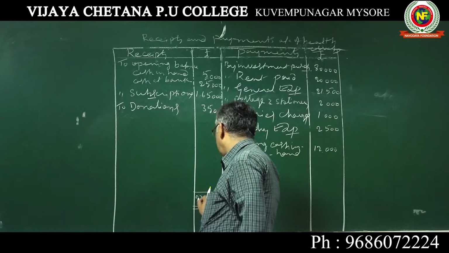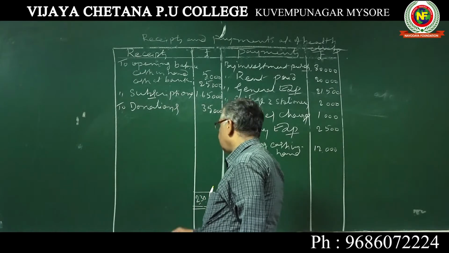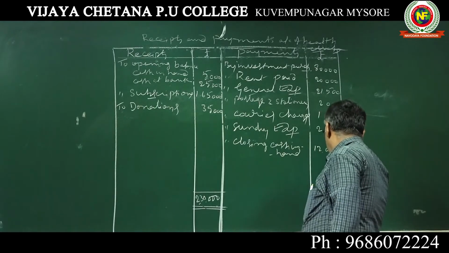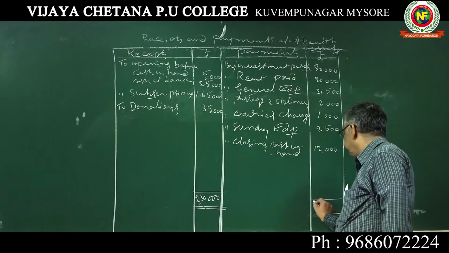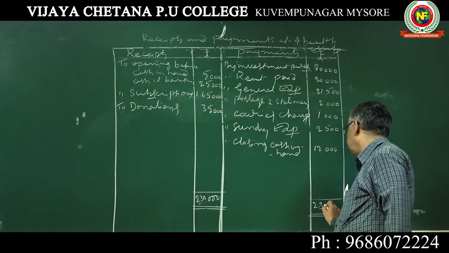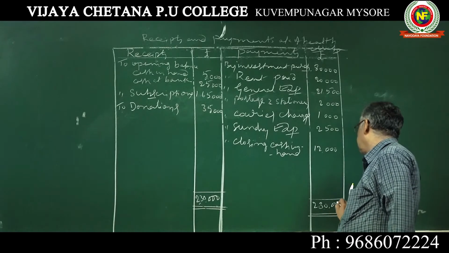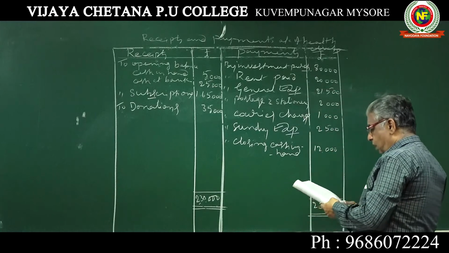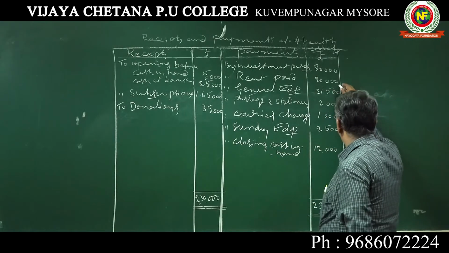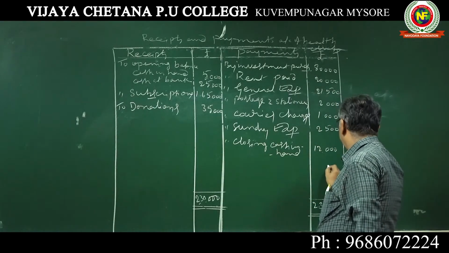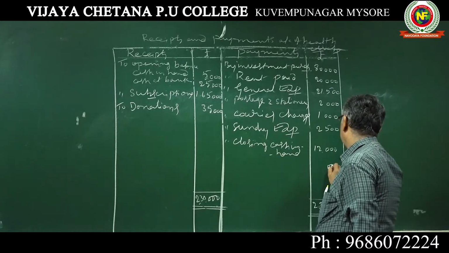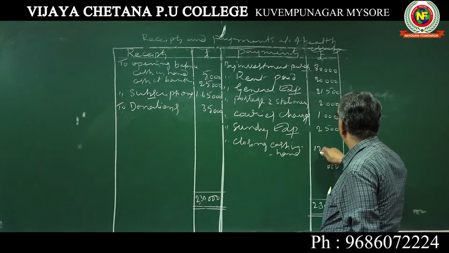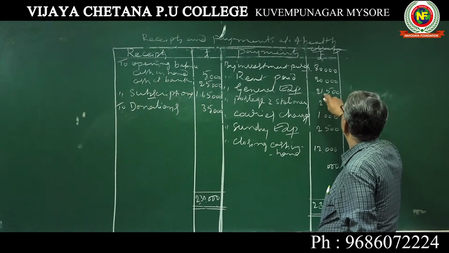So that total comes to 2,30,000. So here also you write the same amount in the opposite side. 2,30,000. So now we have to find out the difference. So the difference is, that is 2 plus 1, 3, 3 plus 3, 6, 6 plus 3, 9.